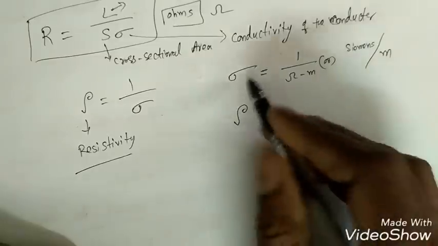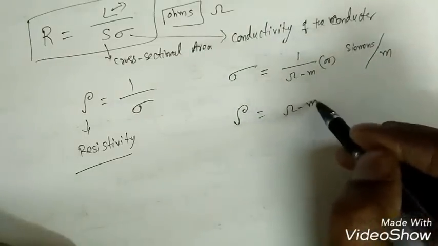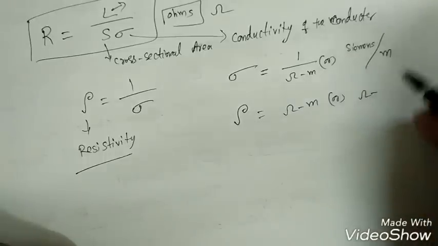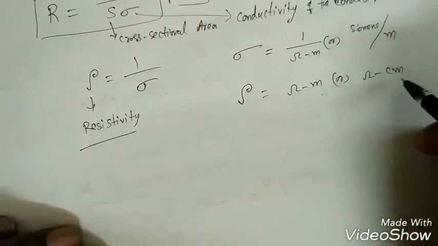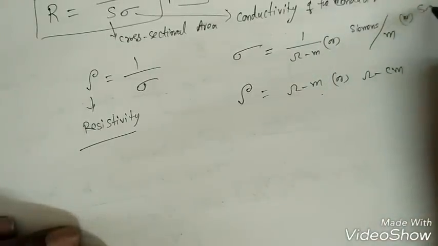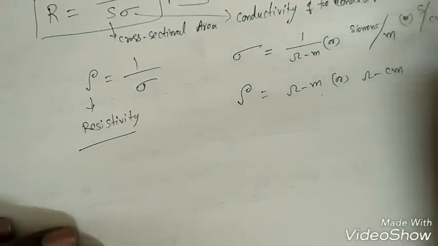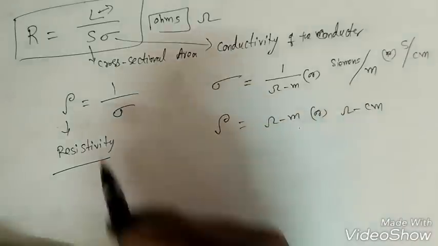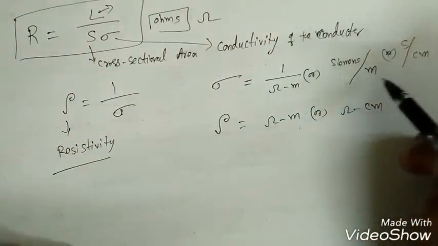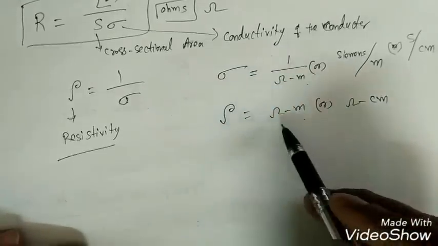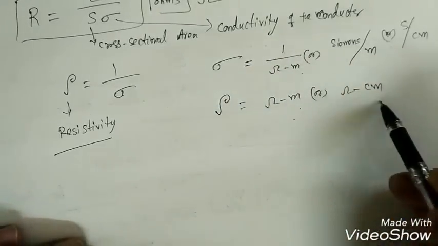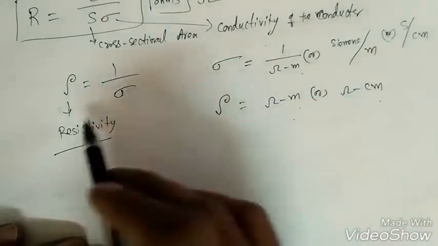Similarly, rho is equal to 1 by sigma, so it will become ohm meter, or ohm centimeter in other units. So conductivity is Siemens per meter or 1 by ohm meter, and resistivity is ohm meter or ohm centimeter in other units, right?